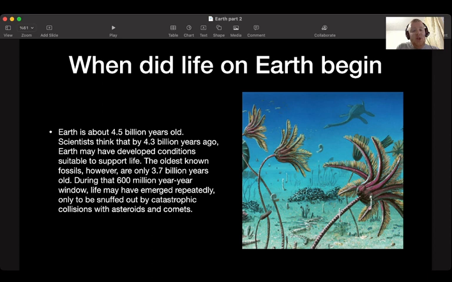The oldest known fossils, however, are only 3.7 billion years old. During that 600 million year window, life may have emerged repeatedly, only to be snuffed out by catastrophic collisions with asteroids and comets.